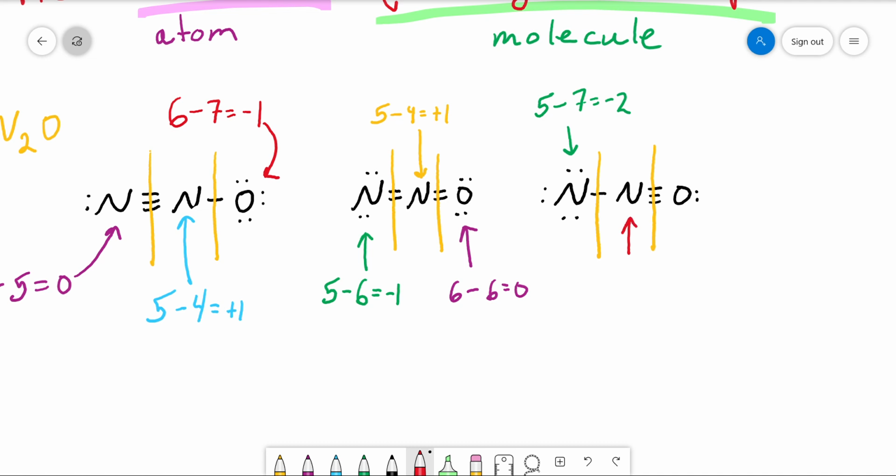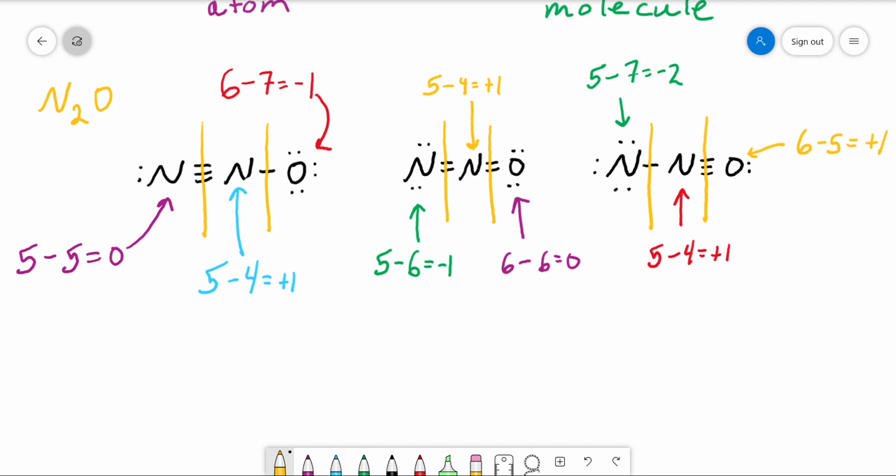This nitrogen here, 5 minus 1, 2, 3, 4. That is a positive 1. And then finally, that oxygen on the end there. That is 6 minus 1, 2, 3, 4, 5. That's positive 1. Okay, so now we have the formal charges.